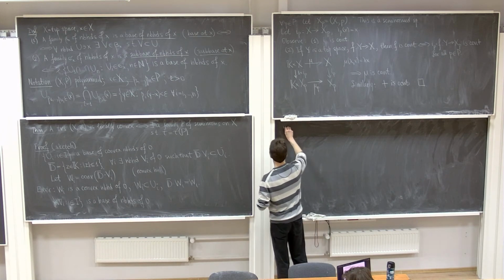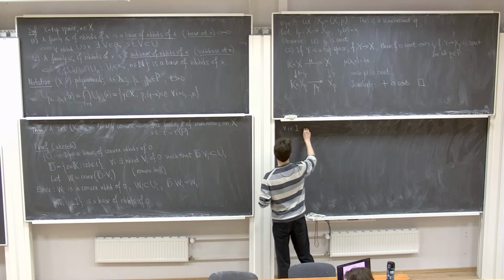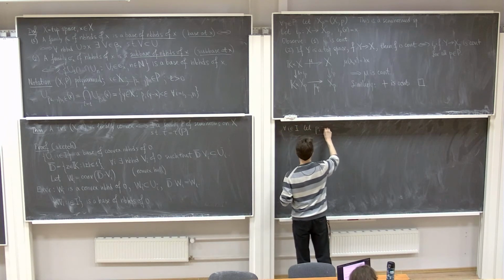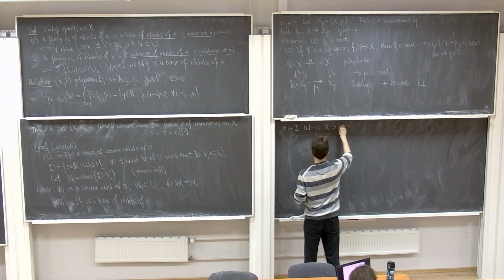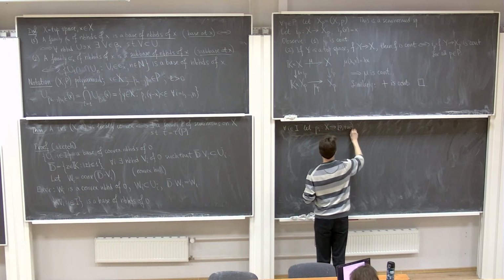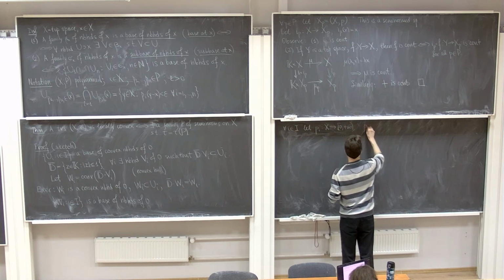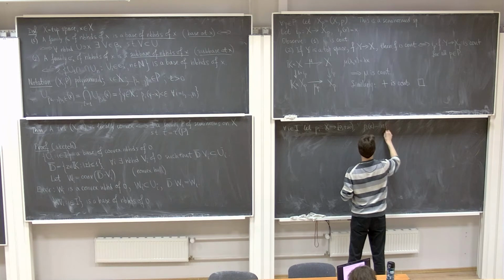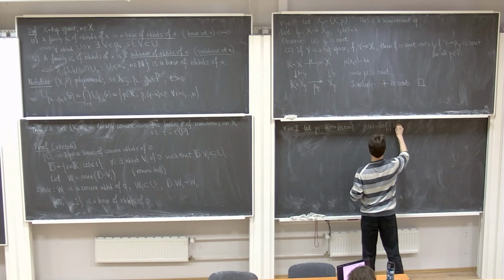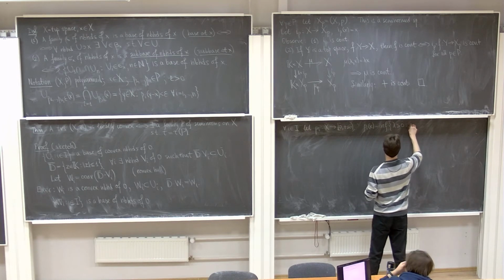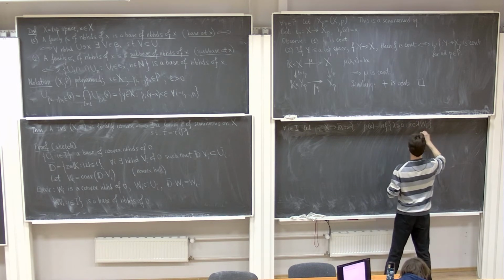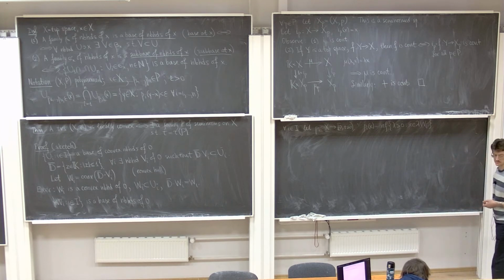So for each i, I'll let a little pi denote the following function on X. Pi is given by the following formula. This is the infimum of all non-negative numbers lambda for which x sits in lambda Wi. This is the so-called Minkowski functional of Wi.